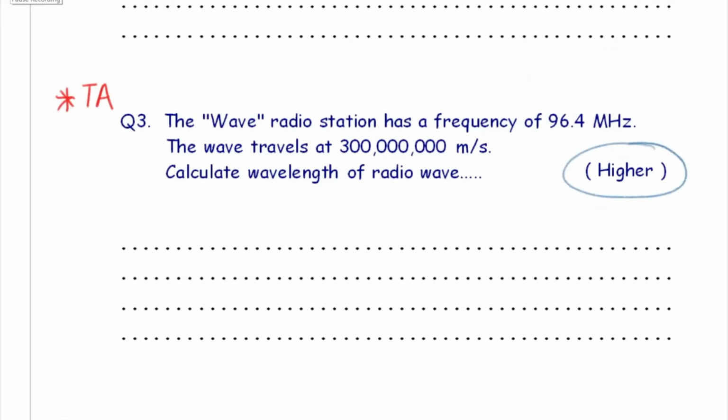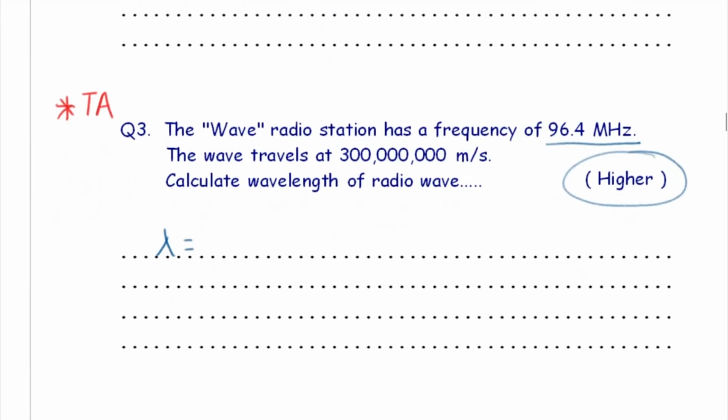Actually, I will just do question 3 as an example because there's slight complications in terms of we're using a prefix. It shouldn't be a problem, but I'll do it nonetheless. Calculate the wavelength of the radio wave. So I've already up above rearranged for wavelength, which is speed over frequency. The speed is here, the frequency is there. You just put in the numbers.